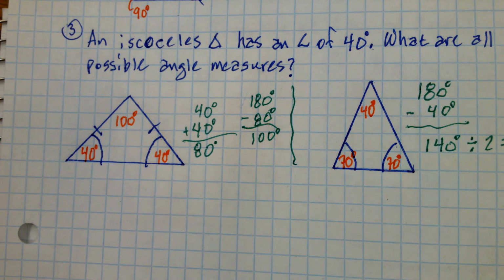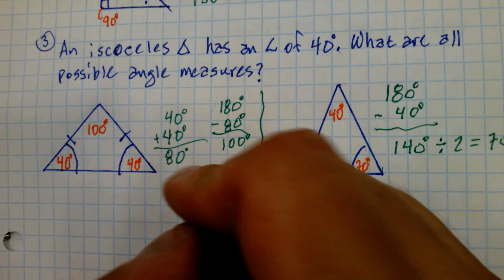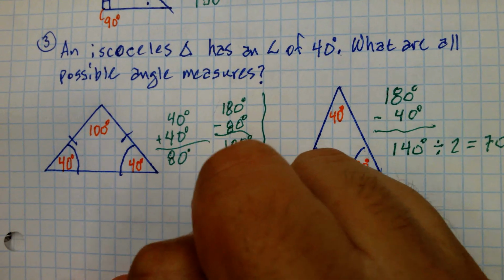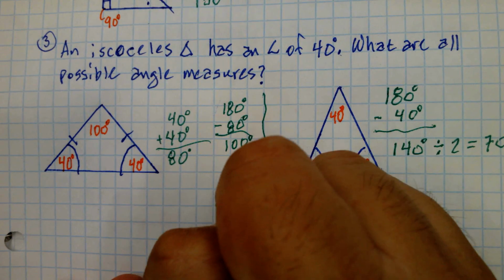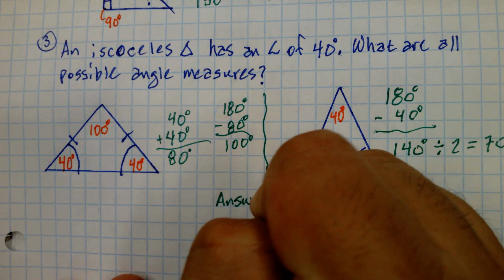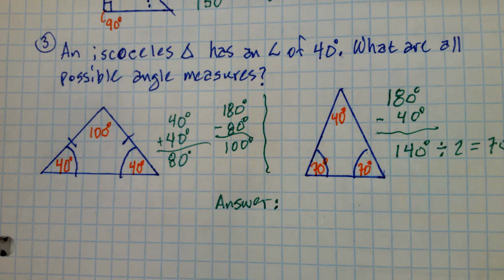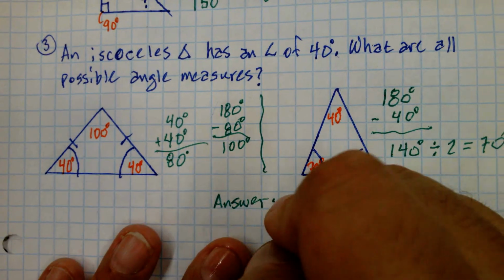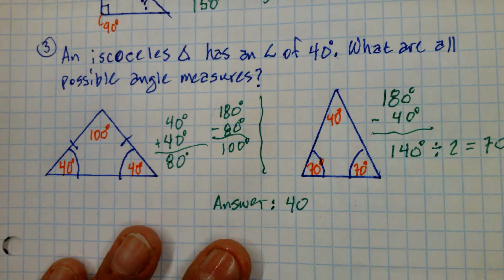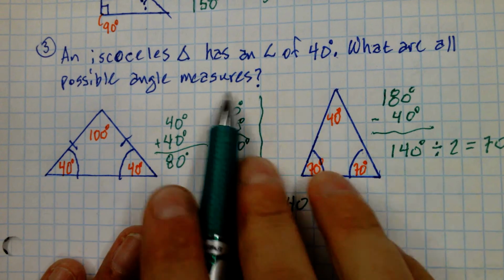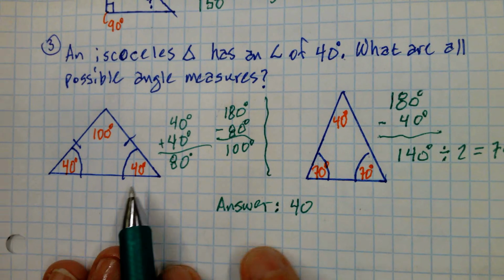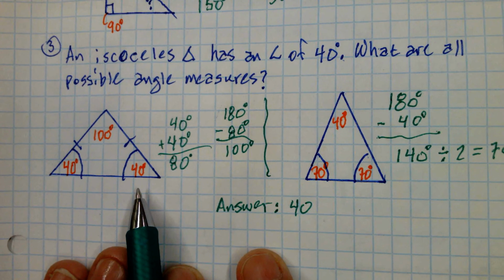So now we can write our answer over here. Well, let's write down all the angles we see. Well, we see 40, right? Because we have to answer what are all possible angle measures. So we could have angles of 40 degrees.